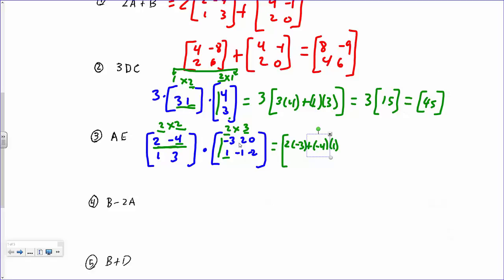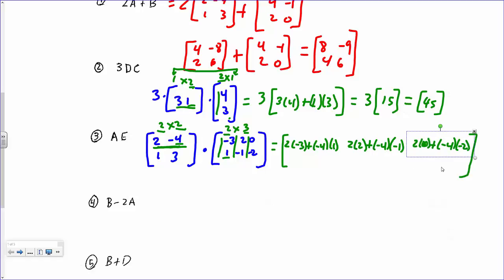Then the first row times the second column, which is 2 times 2, plus negative 4 times negative 1. And then this row times the third column, which is 2 times 0, and negative 4 times negative 2.